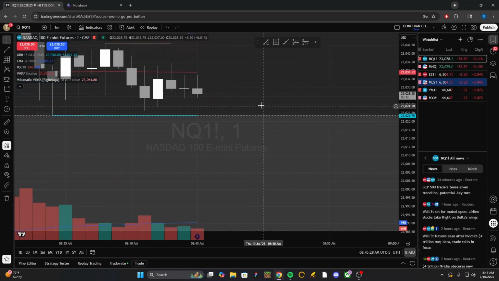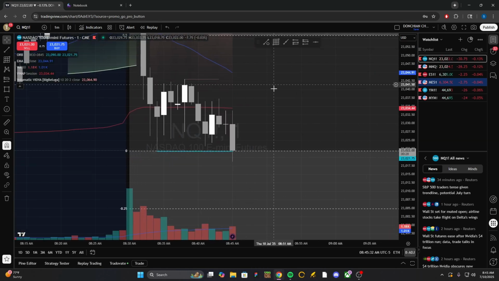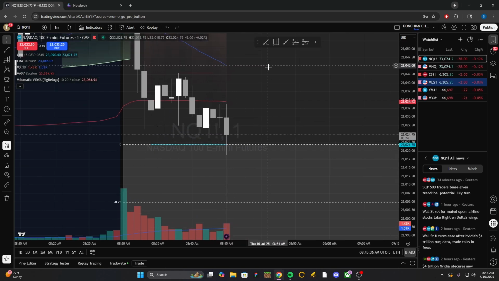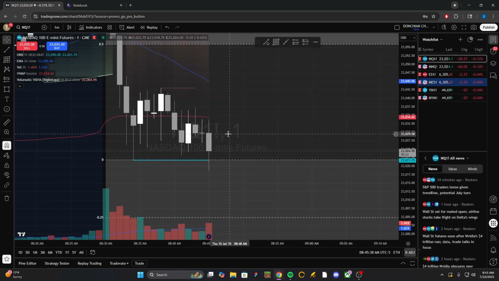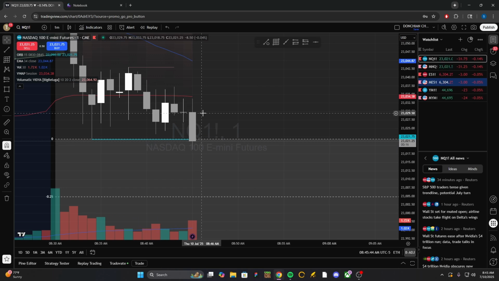Alright, so this is our range here. We have our first, we don't have a close outside. Alright, so we should be entering short. We will see.